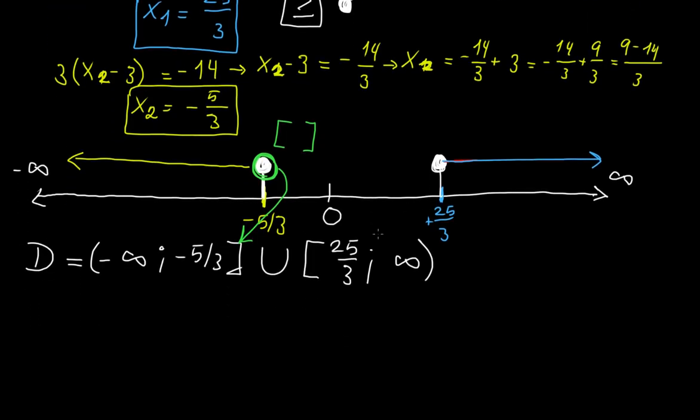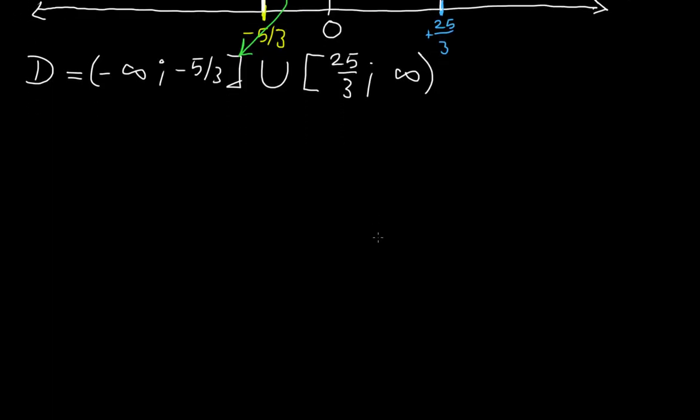Okay. So let's continue on with our second problem. Let's say we have something along the lines of absolute value of 2x plus 3 divided by 7, and it is going to be smaller than 1.